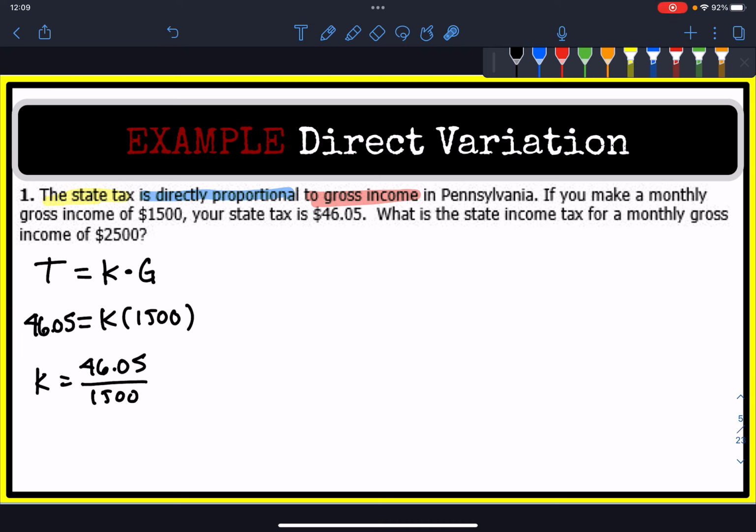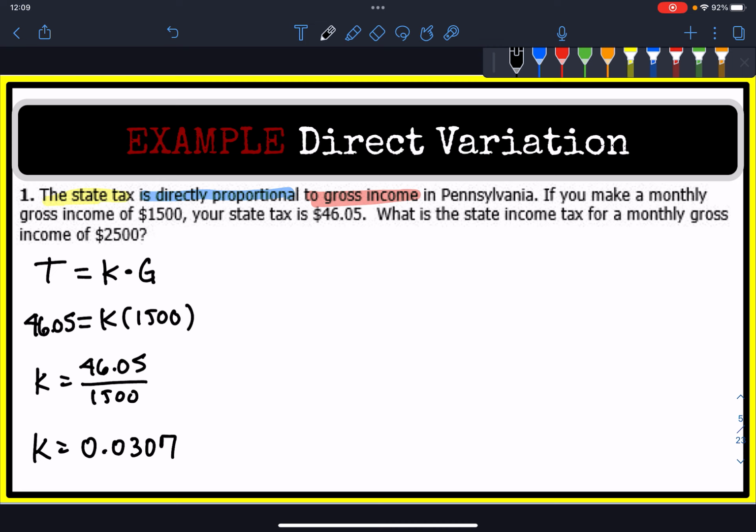Let's divide $46.05 by 1,500, and that's going to equal $0.0307.